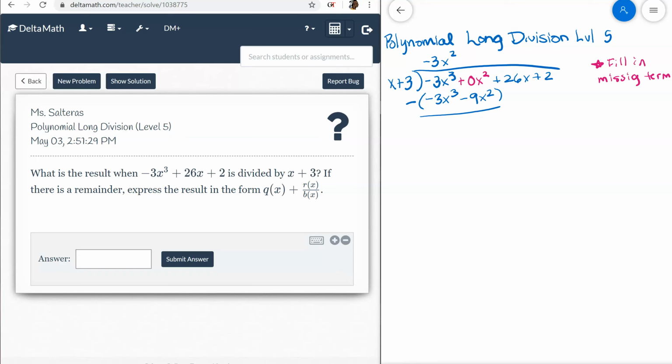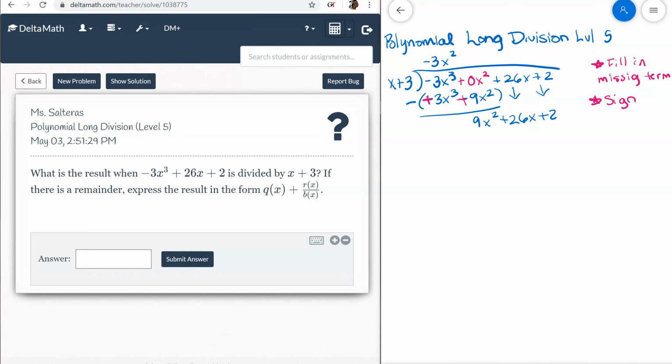Because I have this feature, I'm going to use a different color to notate my sign. You can either do your signs with different colors, or you can just do the erase and replace version. So these two will cancel out. That's what we want, and we're just left with 9x squared. And we bring down what we didn't use.